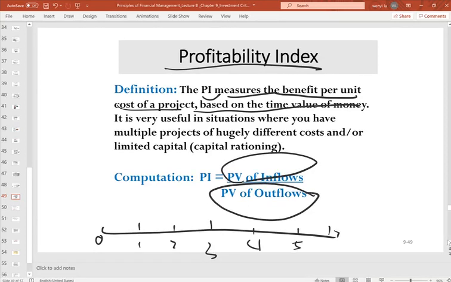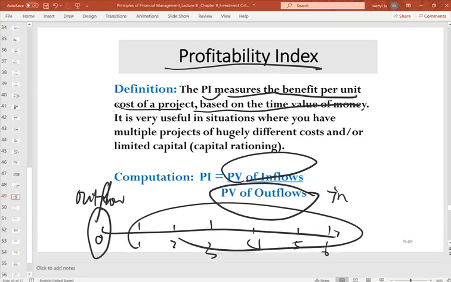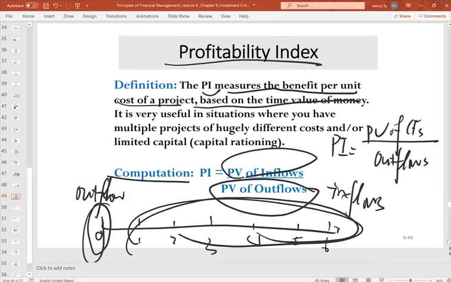For example, if only the initial cost is an outflow and all the future cash flows are inflows, how can we use this method? We will solve the PV of the future inflows, then divide by the initial outflow, because the outflow on the initial is already at time zero. So we have the PV of future inflows divided by the PV of outflows.